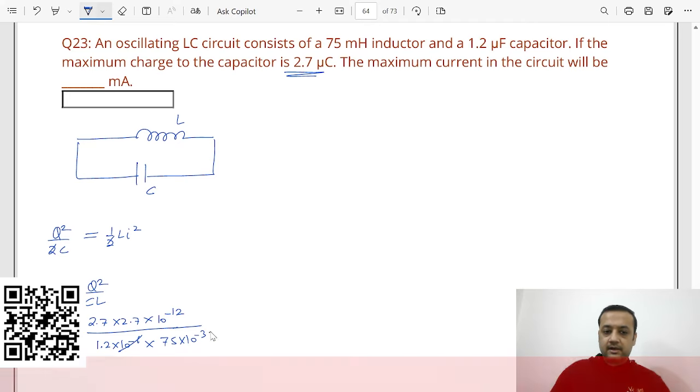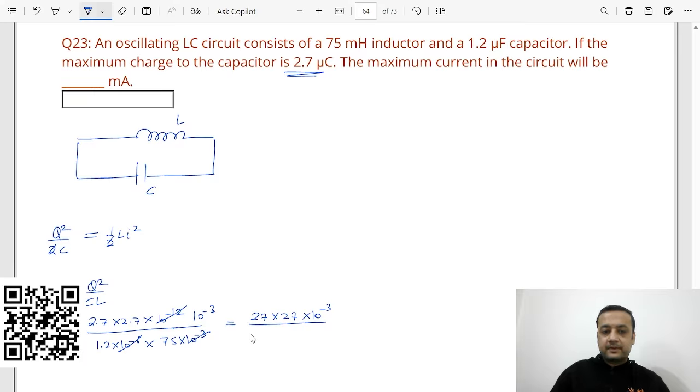So this and this will make it 10 to the power minus 3. Okay, if I multiply with 100 above and 100 below, that will become 27 into 27 into 10 to the power minus 3 divided by 120 into 75. Now look, this will become 3 into 9.